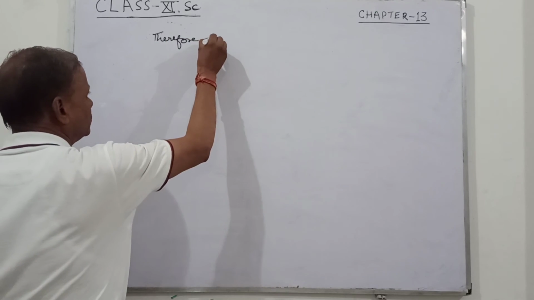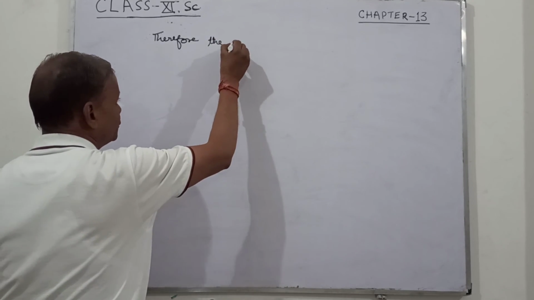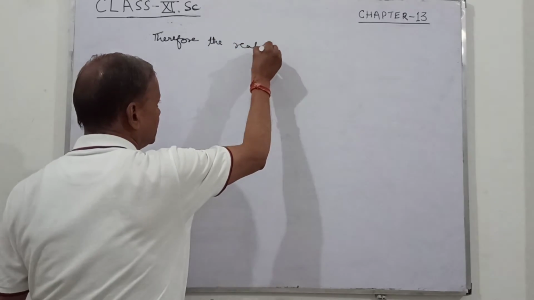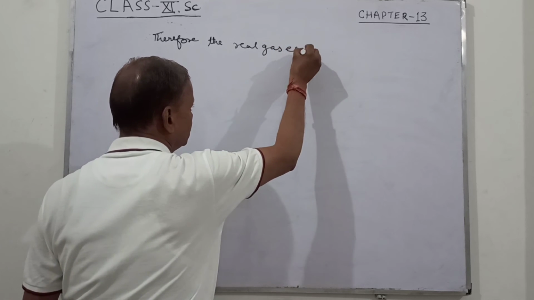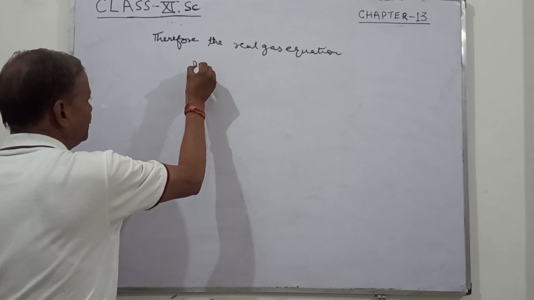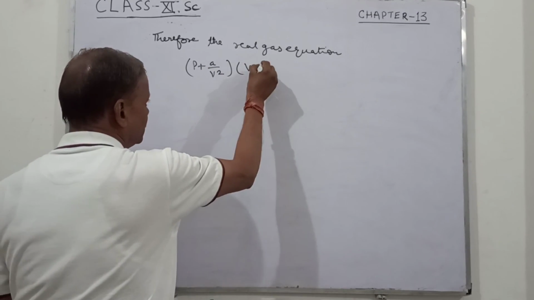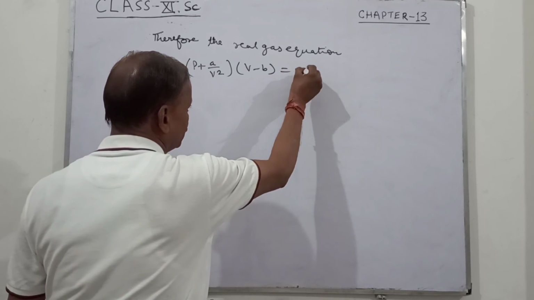Therefore, the real gas equation is P plus a upon V square into V minus b equal to RT.